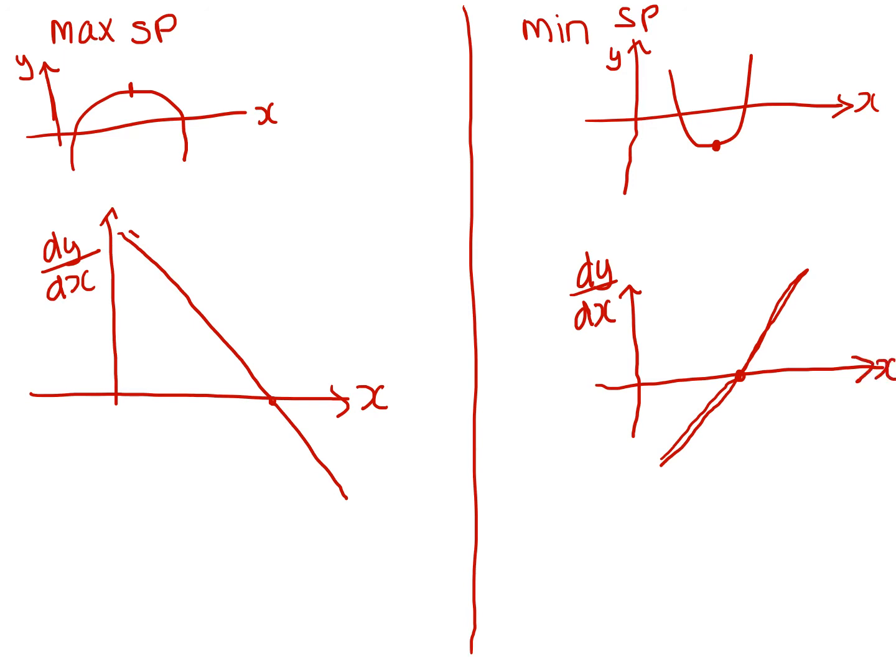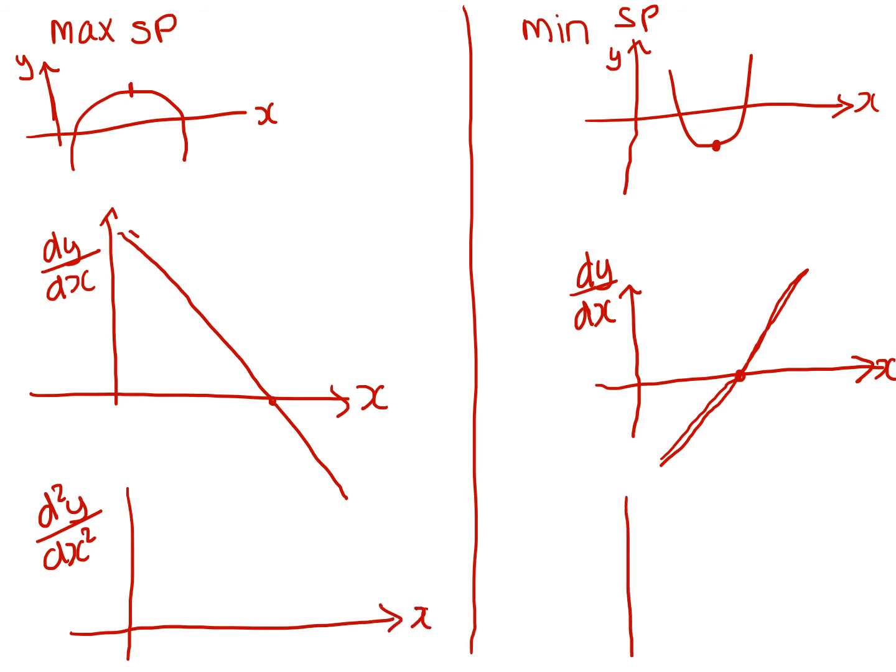Now, if we were to plot d2y/dx squared, that's differentiating again. If we plot that against x, we can see that this line has a negative gradient all the time.